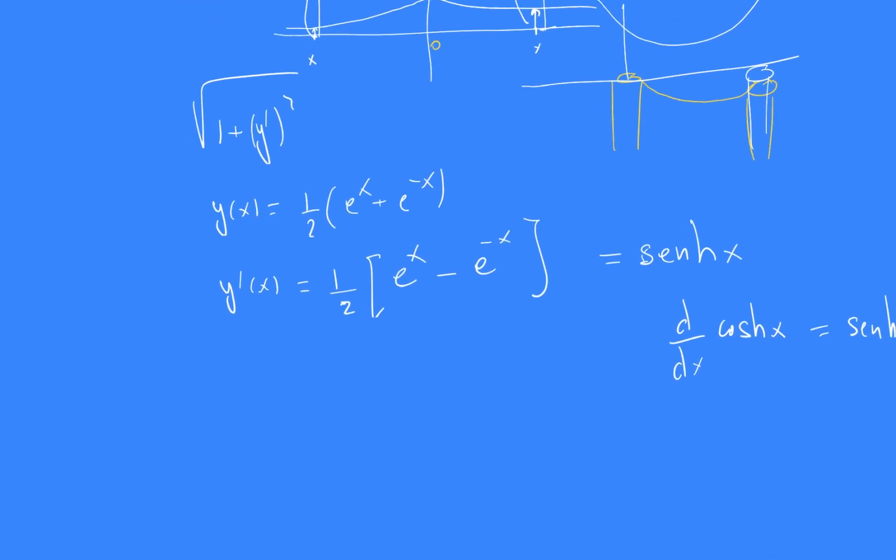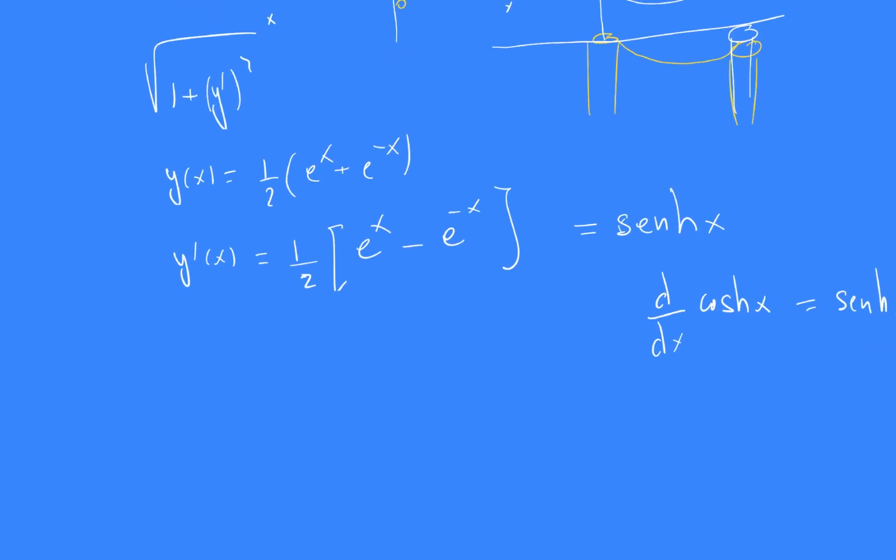The problem is to find y prime squared, add 1, and make the integral. So it will be 1 plus 1/4 of e to the x minus e to the minus x, squared. This is y prime squared.